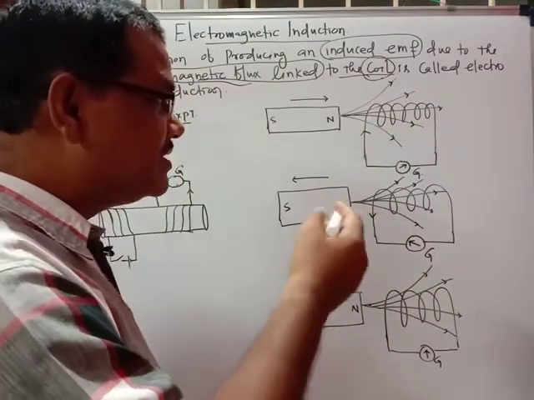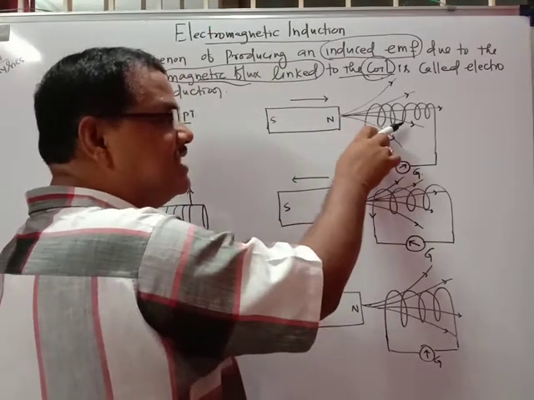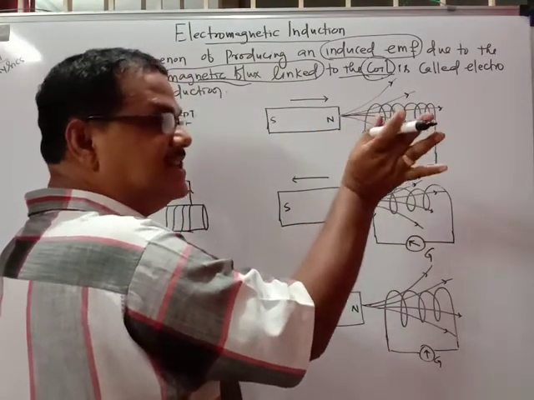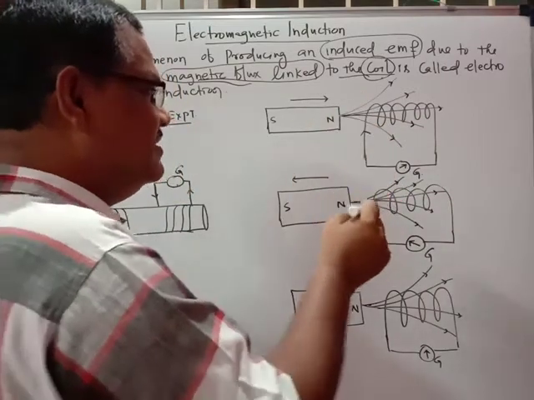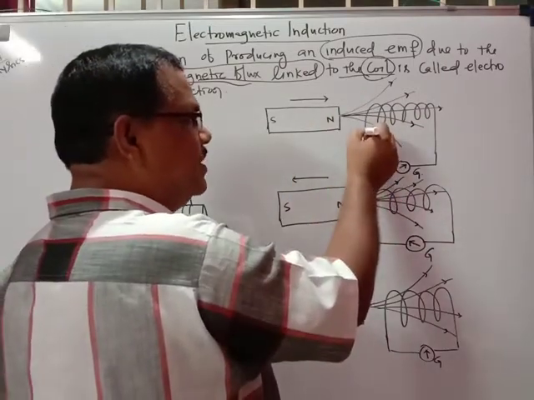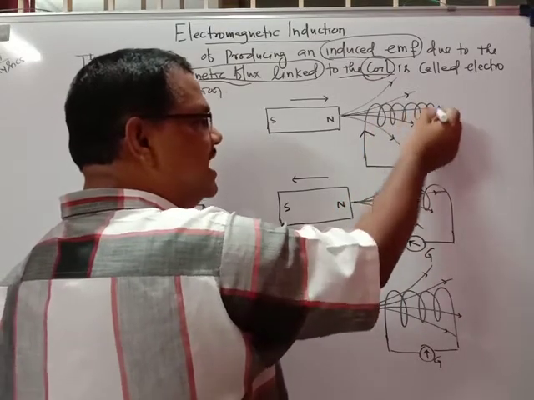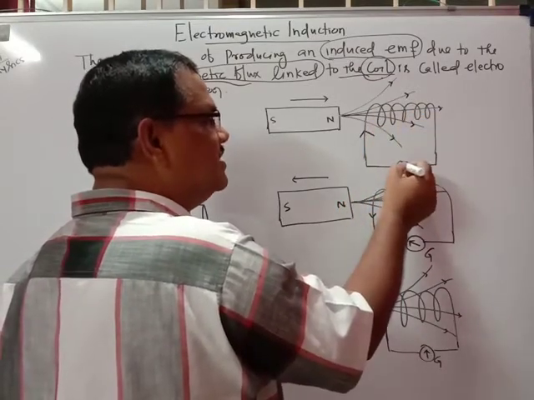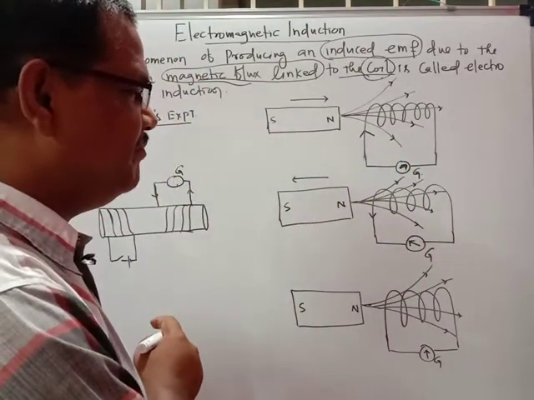That is the change in magnetic flux, and immediately at that instant current is produced in the coil. The direction of the current will be along this way, and the galvanometer will show a deflection. Suppose the galvanometer gives deflection in this direction.